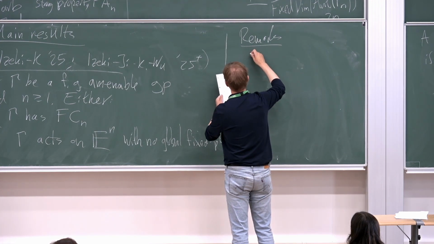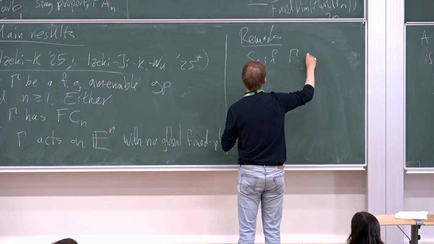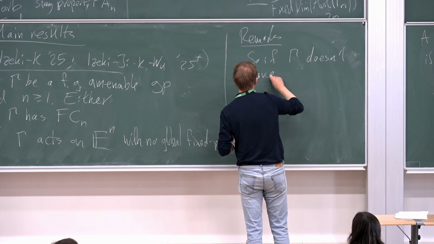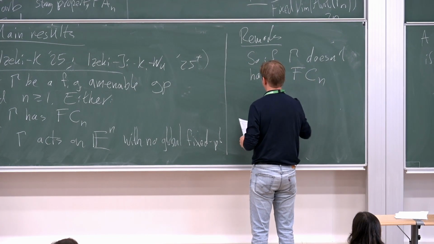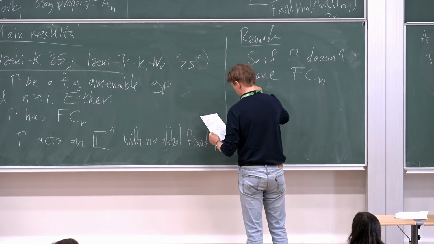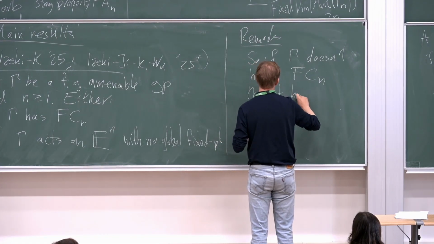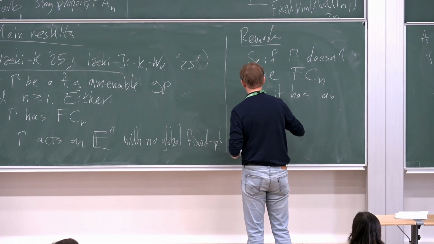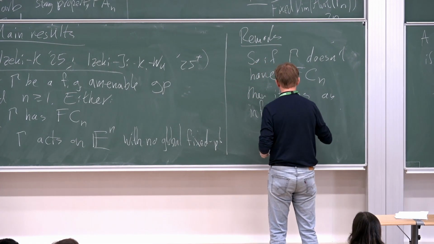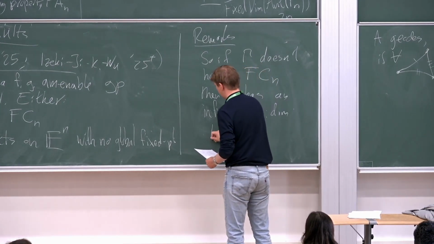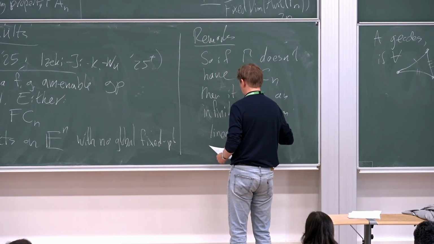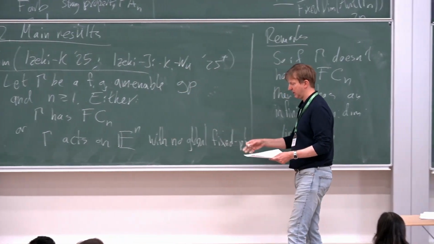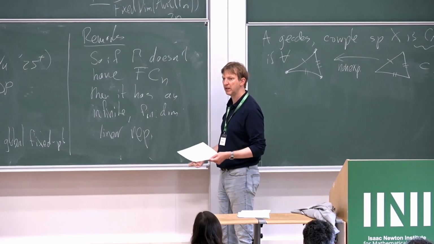Also notice that if gamma doesn't have this fixed point property for some n, and it's enough with n, then it has an infinite image finite-dimensional linear representation, since the affine linear group, the ones that preserve, they are obviously matrices.